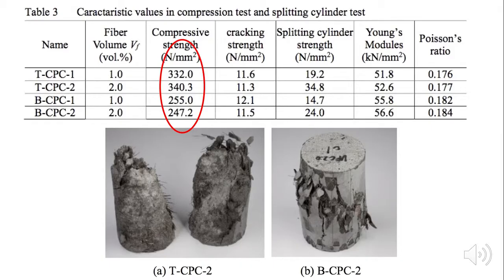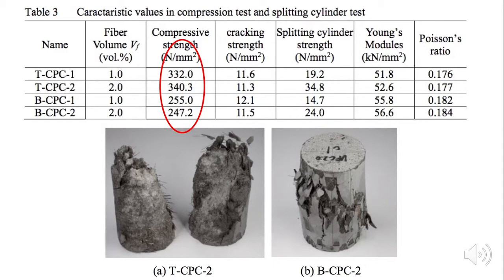I've been reading about ultra high performance fiber reinforced concrete, and I came across some results by a group in Japan that have developed a high performance ultra high fiber reinforced concrete.